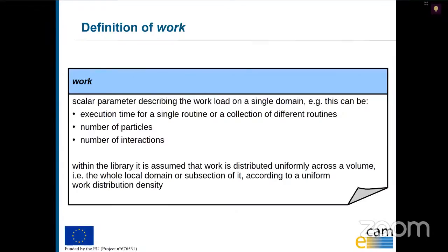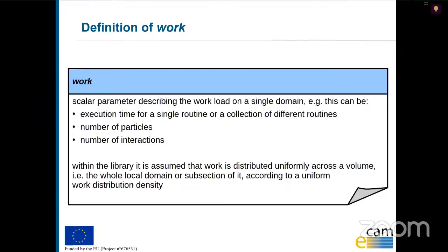So just as a short reminder about what we define as work. The work for us in this talk will be a scalar parameter that describes a workload on a single domain in a parallel application.